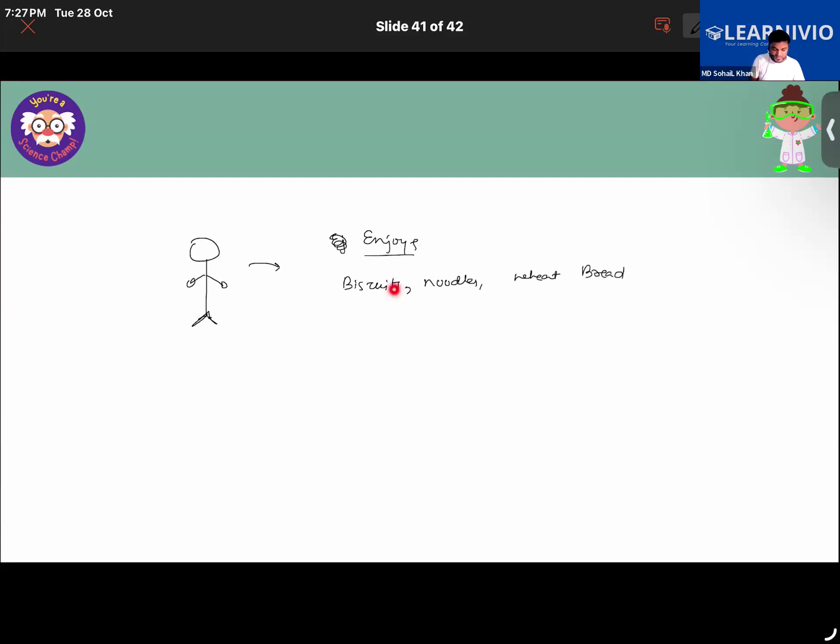These are the food items being enjoyed by the student, and he often complains of stomach ache, lack of nutrition, and constipation.